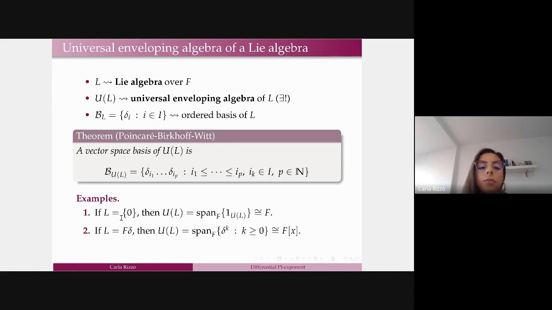In fact, if we consider, for example, a one-dimensional Lie algebra generated by one element delta, then the universal enveloping algebra is a linear combination of words of the type delta to the k, and then it is isomorphic to the algebra of polynomials.